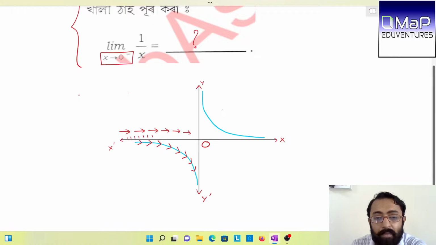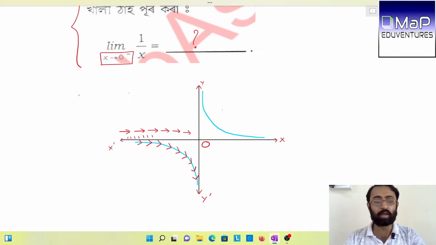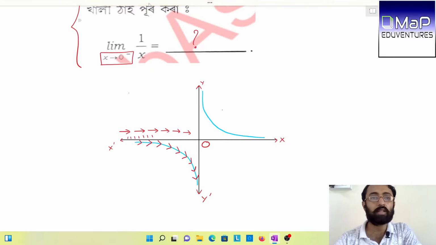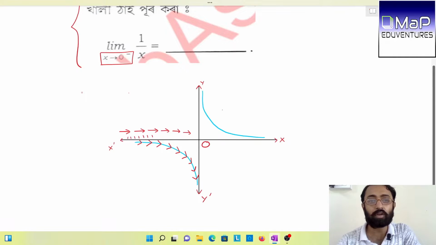So what can we say from this? The graph is trying to go towards the negative y axis, downwards. That means we are unable to say where it will stop; it will continue going. That means you are going towards minus infinity.